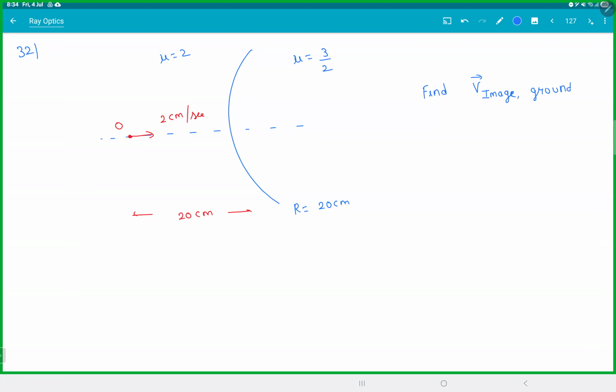So how do we even start? Whenever they ask you for velocity, go back to the basic formula. What is the formula?